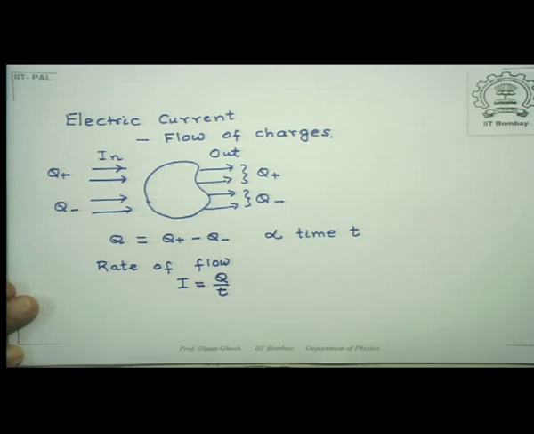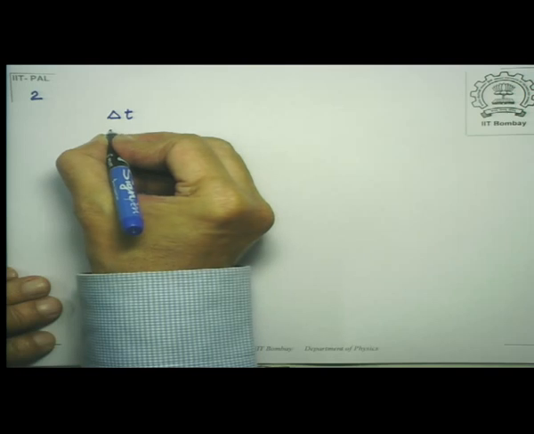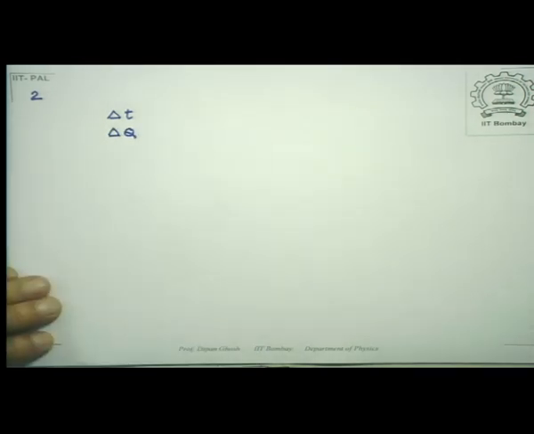Now, this of course assumes that my flow is steady, but supposing it is not, then I would take the formal definition in a slightly different way, and I will say take a small time interval delta t, during which the amount of charge that flows through that surface that I talked about is delta q.